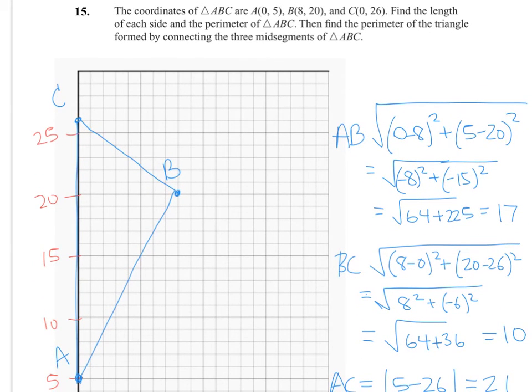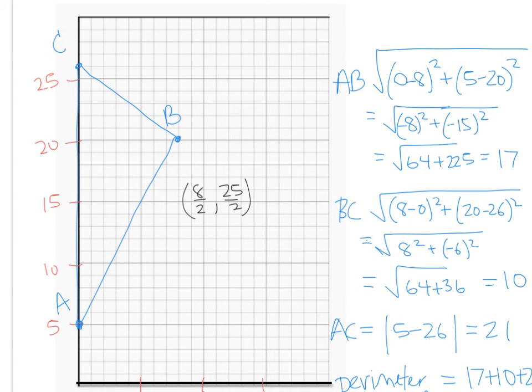The midpoint is adding the two together and then dividing by 2. So that's (4, 12.5).